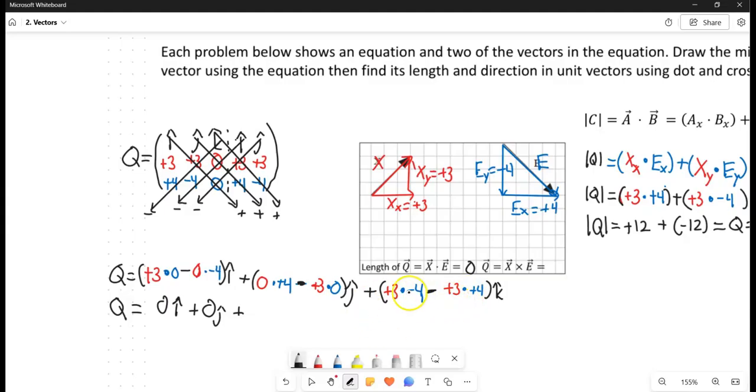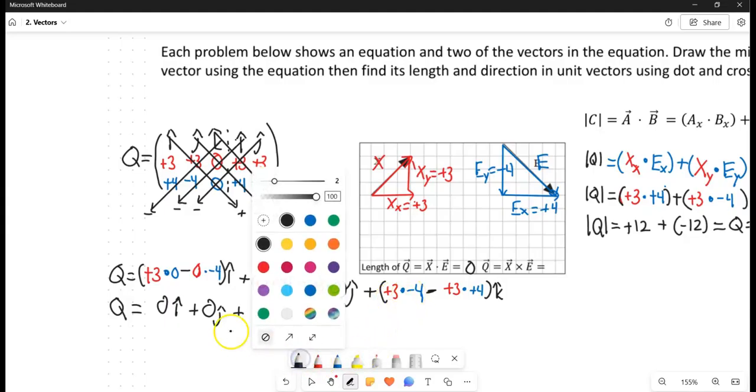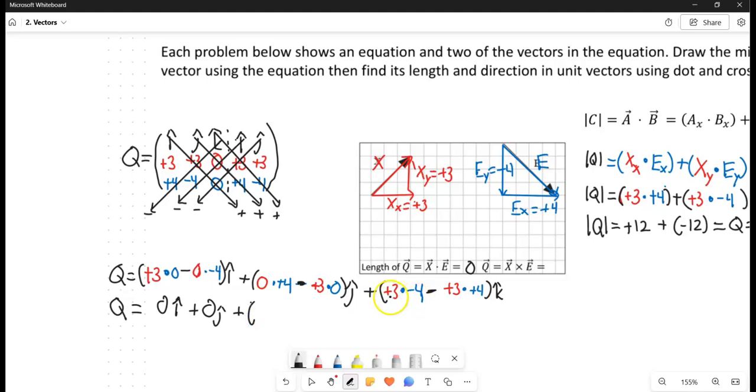So let's go ahead and see what this is. So this is going to be negative 12. And I'm just going to double check. So that is negative 12. And then minus 3 times 4, which is also a 12, but we got the negative in front, which is k-hat.